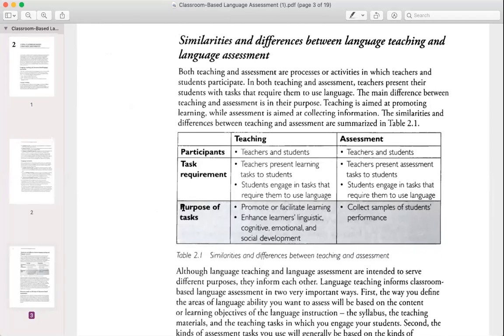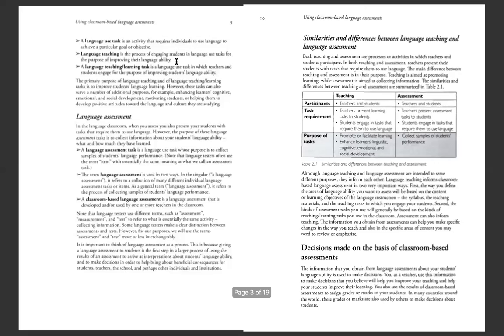About the task requirement, in teaching, teachers present the learning tasks, but here they are not evaluating. The teacher is only presenting, and of course, it depends on the teacher's ability to use all their expertise, with alternatives: you present the topic in different ways, but you only present the learning task to the students.